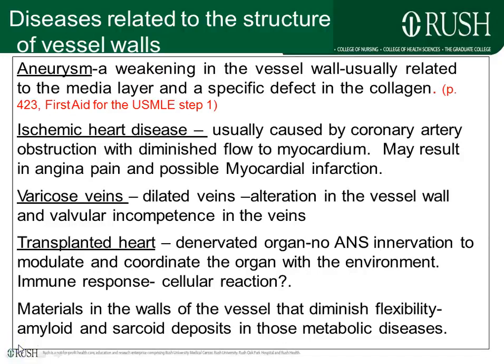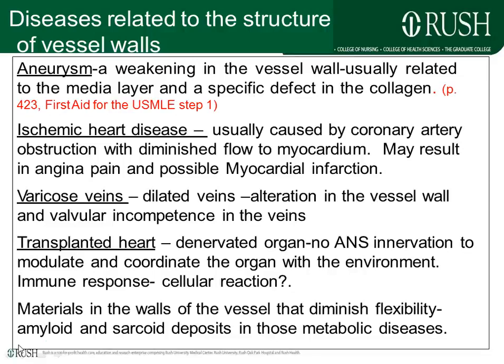So there are a number of conditions that are important clinically related to the structure of the vasculature. First of all, we have aneurysms. This is where you have a weakening in the vessel wall, usually related to the tunica media and a specific defect in collagen. You have ischemic heart disease, typically caused by coronary artery obstruction. This leads to diminished blood flow to the myocardium and can result in angina and can even progress to MI, myocardial infarction.